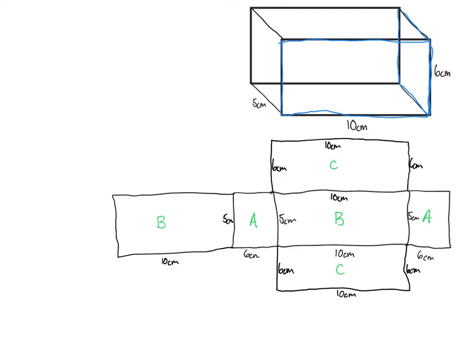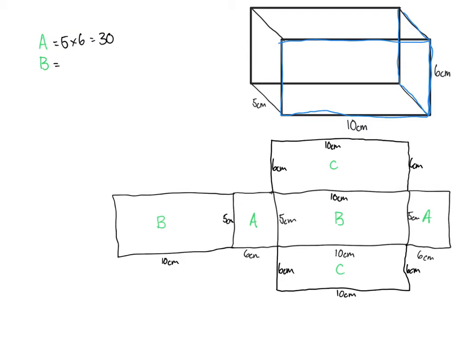Okay, so let's work out the A pieces first. So I've got two of those, and each piece is going to be 5 by 6. So that gives me 30. So that'll be 30 centimeters squared. Now let's have a look at piece B. So this is the top and the bottom piece.